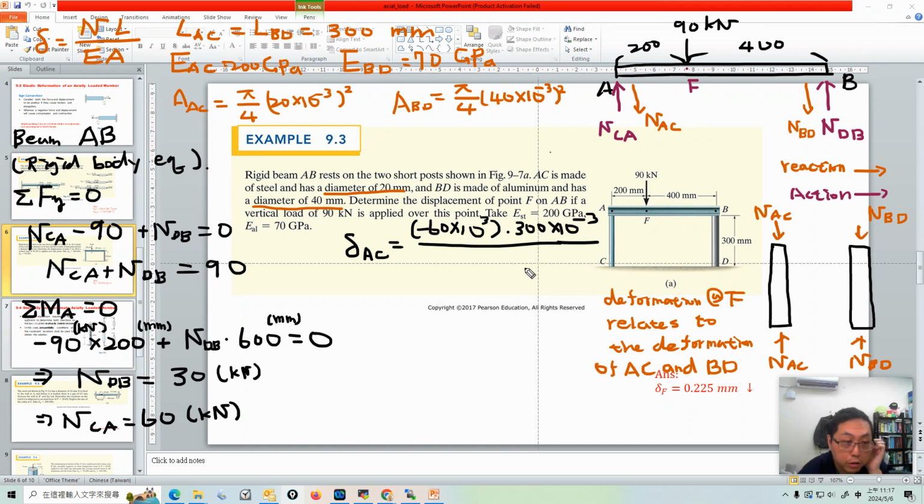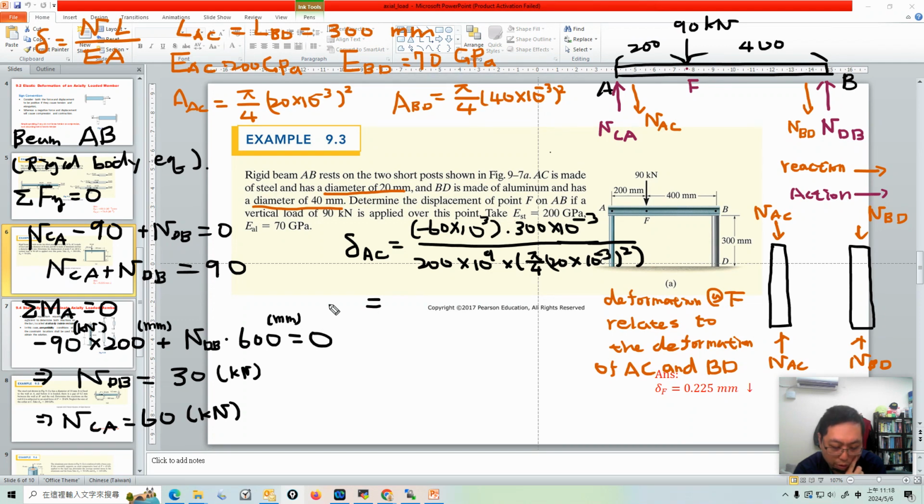The cross-section area A_AC is pi over 4 times 20 times 10 to the power minus 3 squared. Sorry, I should put the elastic modulus first. Let me see my equation.